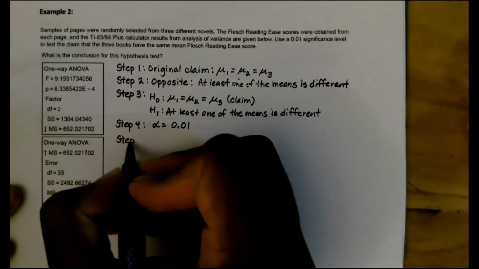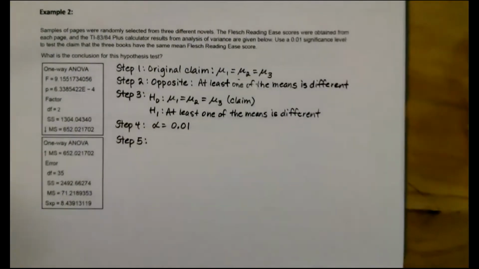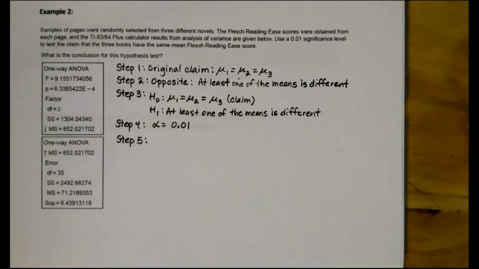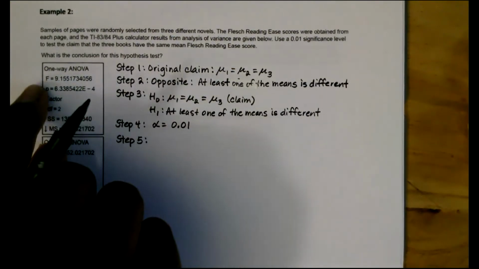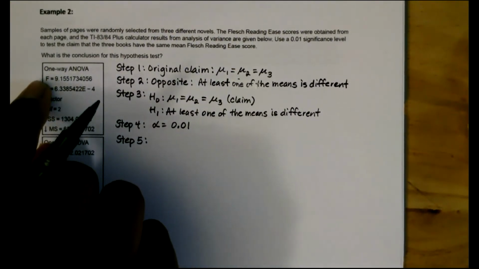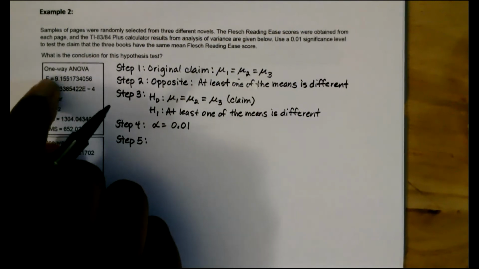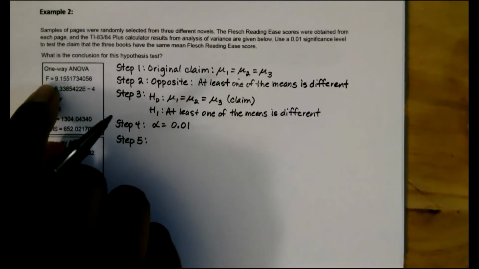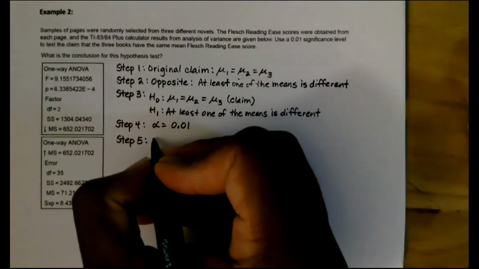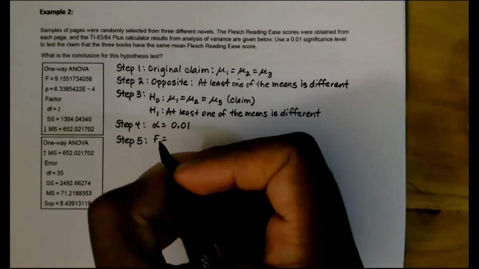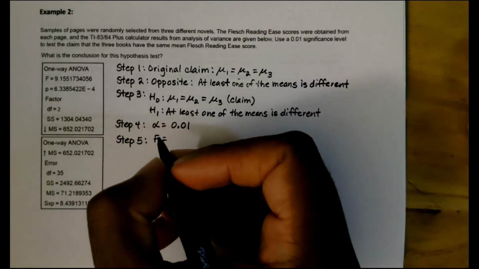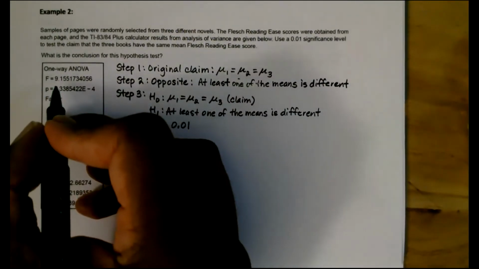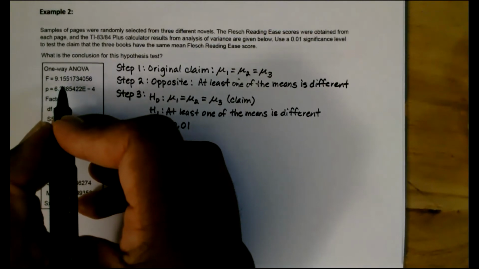And then step 5 would be the test statistic. In this case here, we can look at this output and get our test statistic. Test statistic right here, where you have that capital letter F, that's your test statistic. Let's say I want to round that off to 3 decimal places. So this will be 9.155.